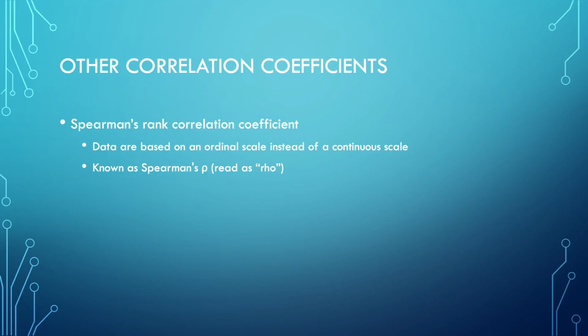So we can use Spearman correlation coefficients when we're analyzing ordinal data. While we talked about r for Pearson correlations, Spearman's correlations use this symbol, and it's read as rho.